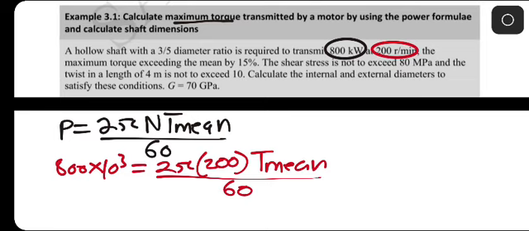Then we can calculate T mean. You multiply this side by 60, then I divide by that.